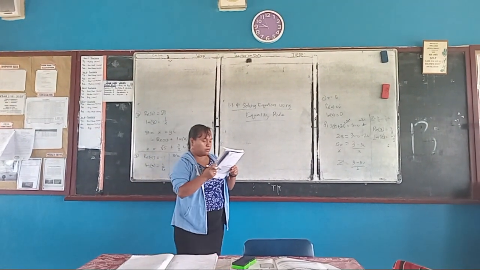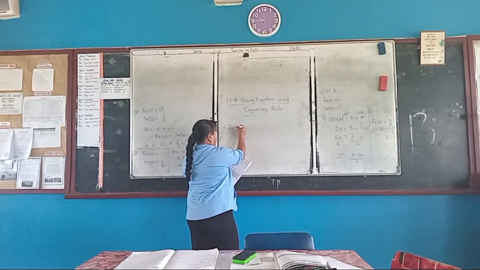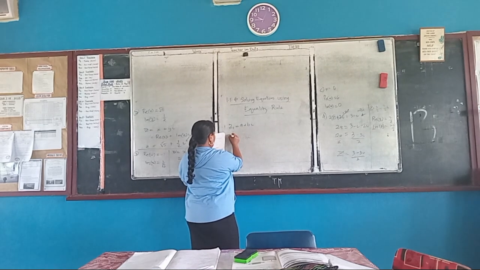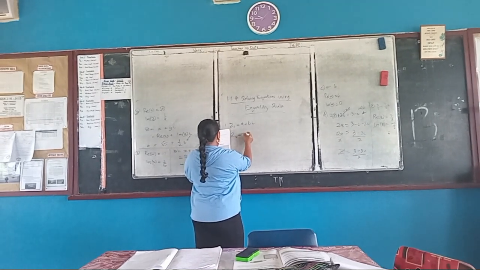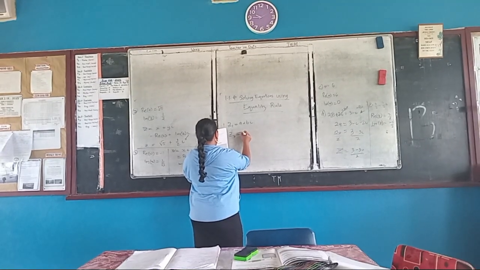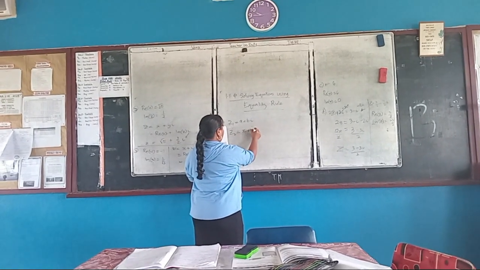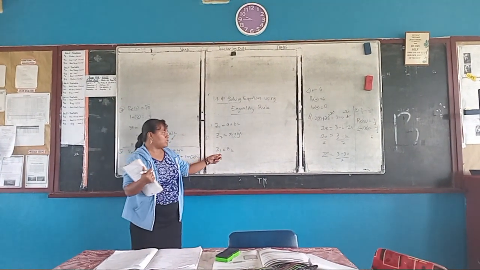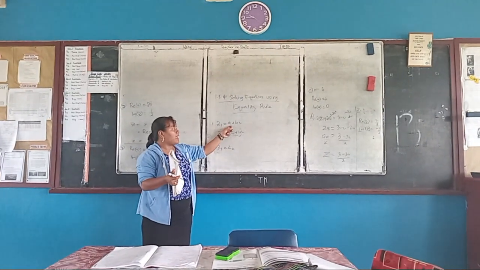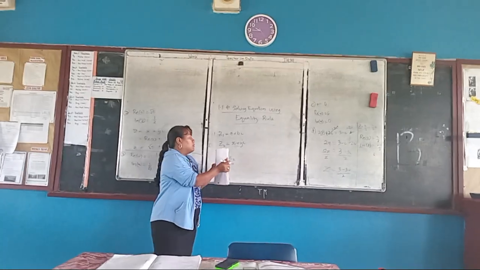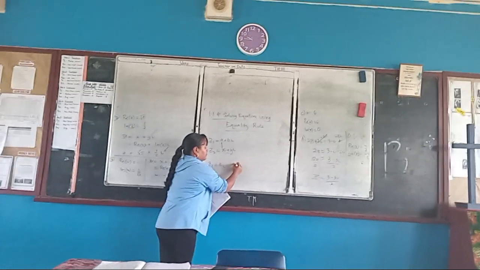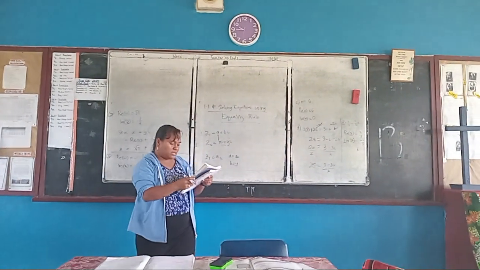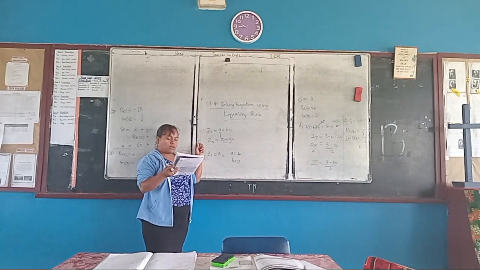So if z1 is equal to z2, this means a is equal to x and b is equal to y.